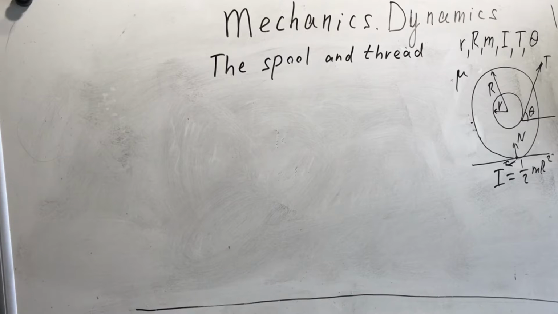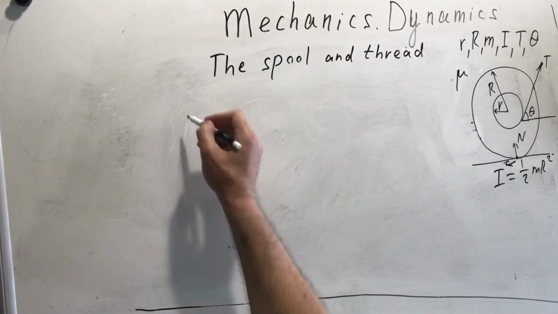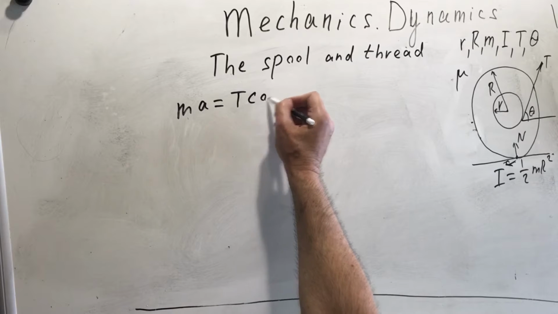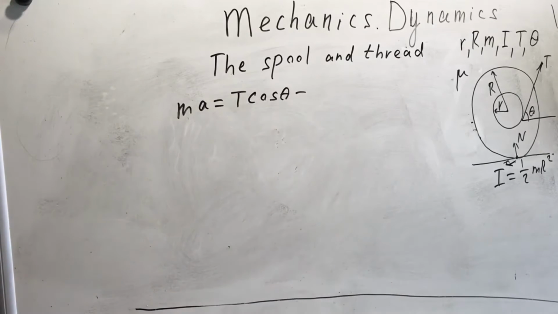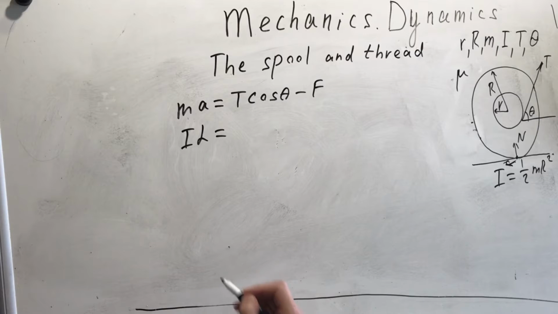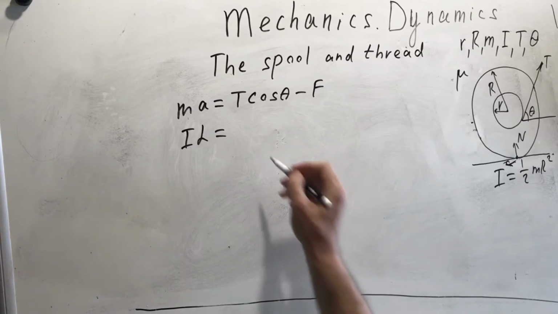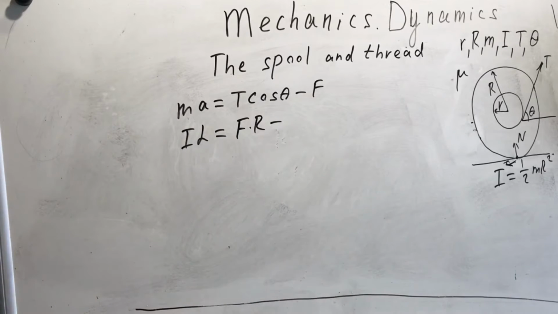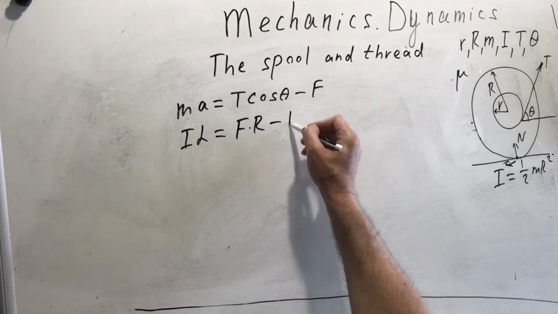We can write the equation for linear motion: ma equal T cosine theta minus force of friction, and we have rotation: I alpha equal, now force of friction is going positive clockwise direction, so that will be F multiplied by big R minus tension, which is creating counterclockwise moment, so that will be T small r.